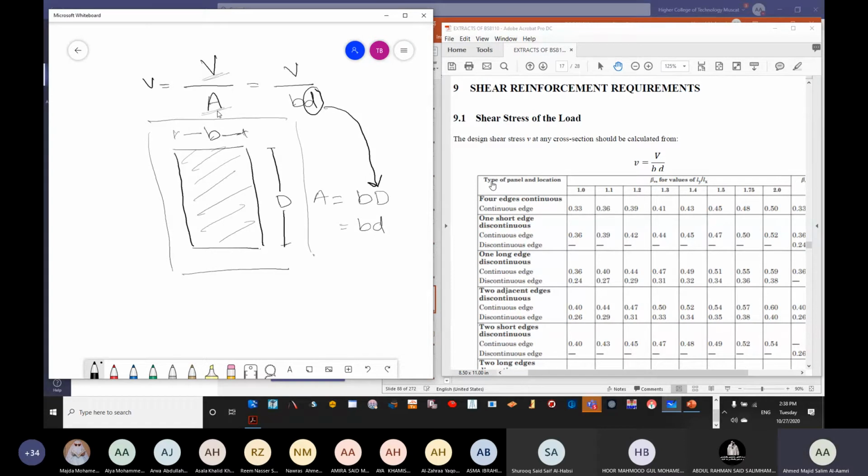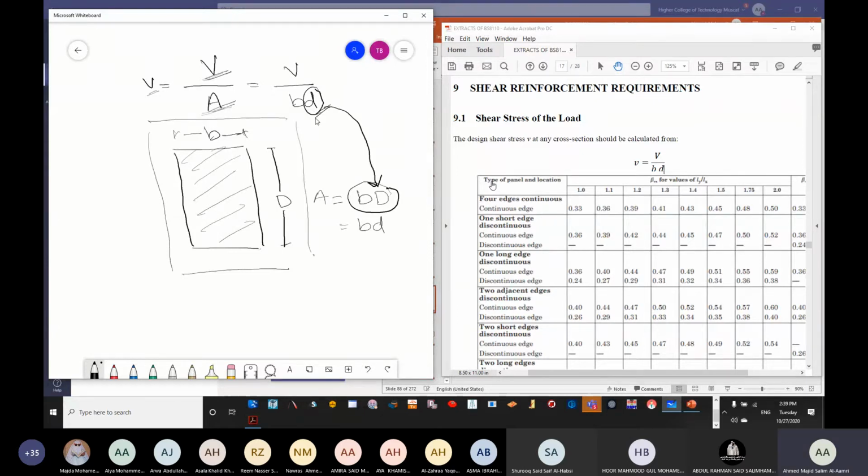Once again, shear stress is equal to shear force divided by area. Now the area of the section is B into D capital. I'm asking you why the equation of shear stress is not using the D capital, why it's using D small only. So you have till, let's say, 6 o'clock. Those who have an answer can send it.